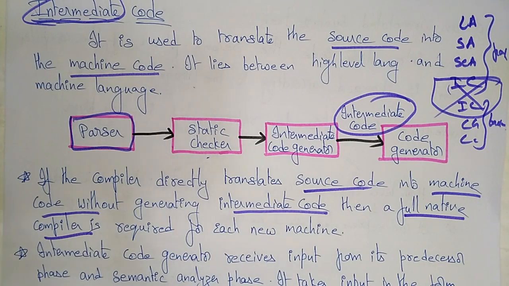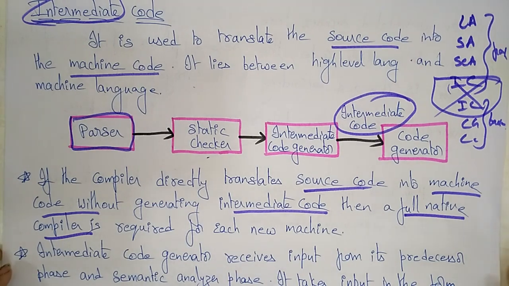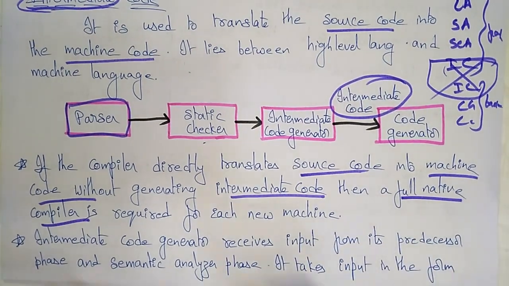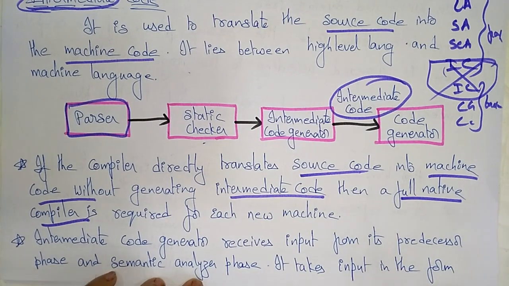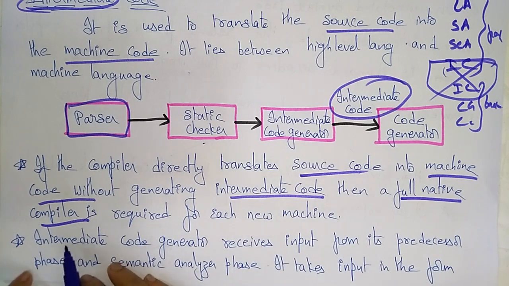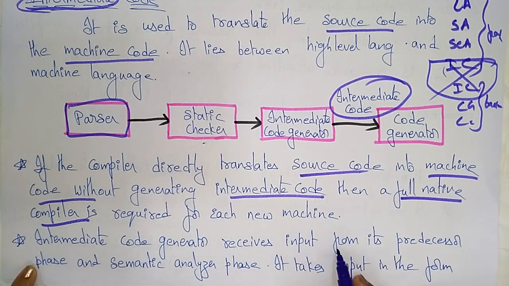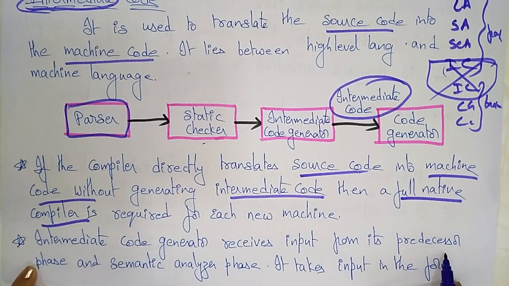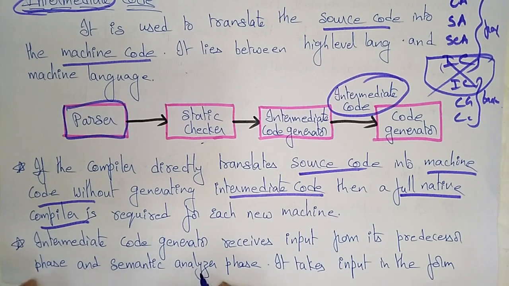So if the compiler doesn't have an intermediate code generator, then for each and every machine a full native compiler is required. Otherwise, multiple compilers are not required for each machine if there is an intermediate code. Intermediate code generator receives input from its predecessor phase, the semantic analyzer phase.